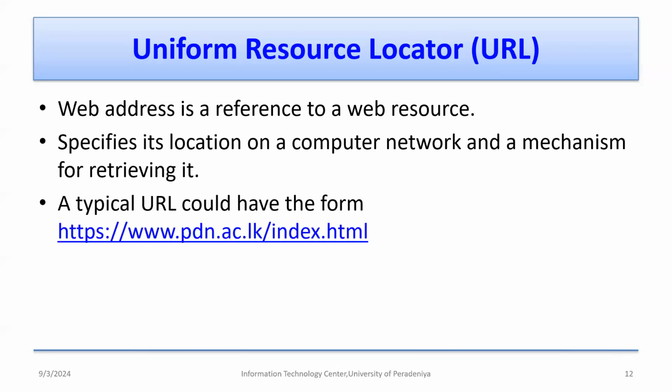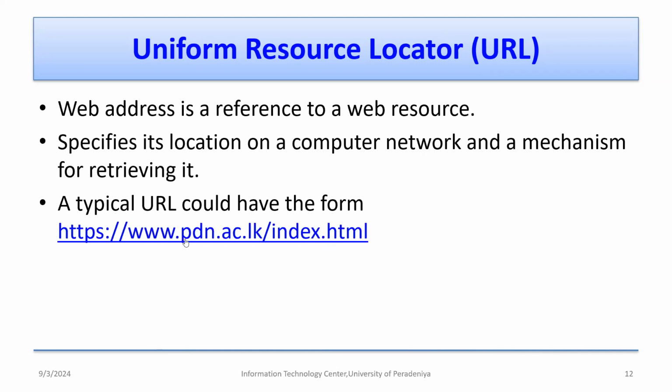That means a URL explains the location of the web page and how to access it. For example, this is a typical URL format. This is actually the home page of our university website.